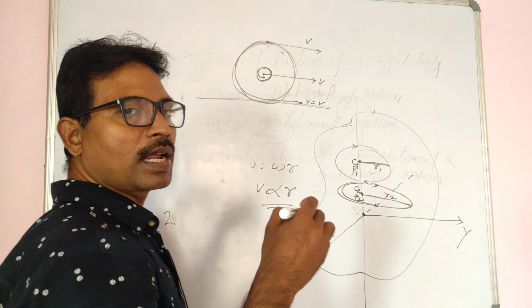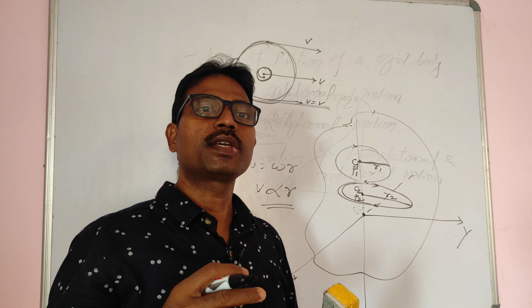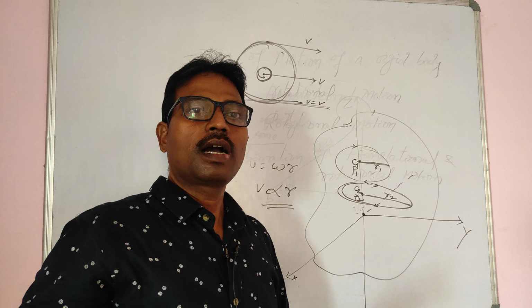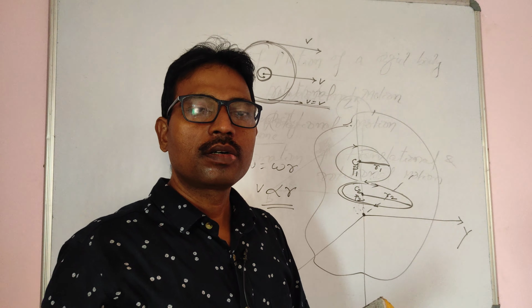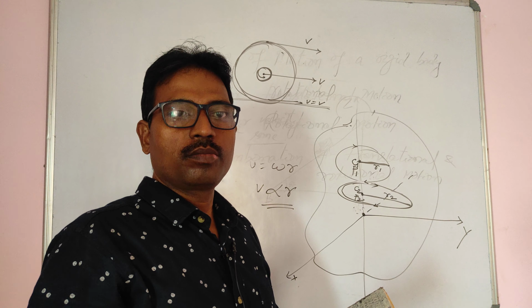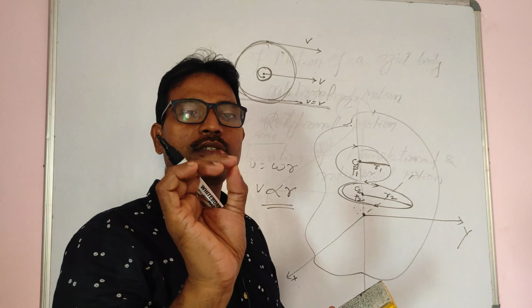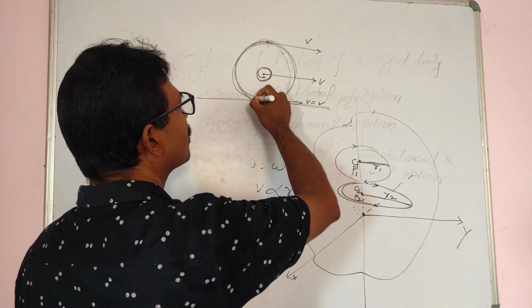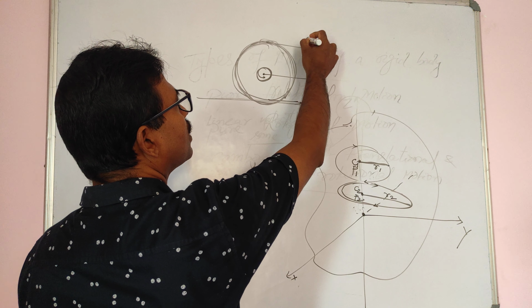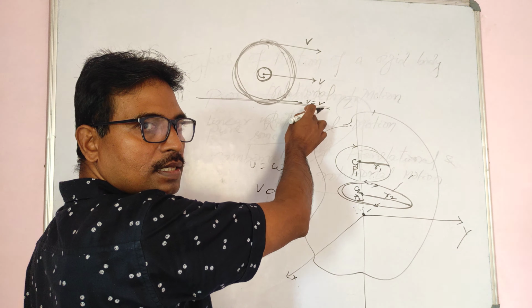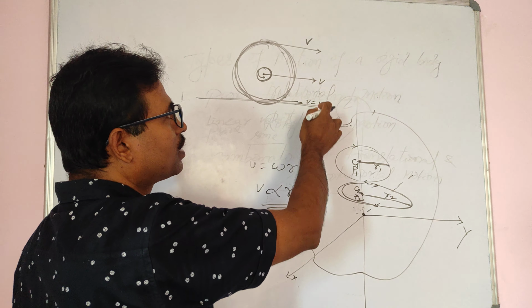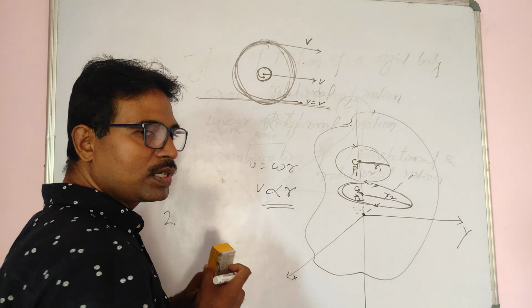In case of translational motion, if you take the wheel of a car, or a glass marble, or the gilli danda that people play with, and just drop it on the road, what is it doing? In translational motion, the linear velocity is always constant. But when it rolls, try to understand what I am telling you.